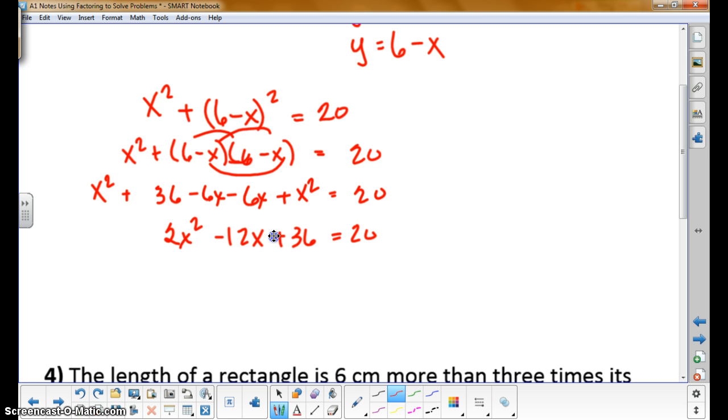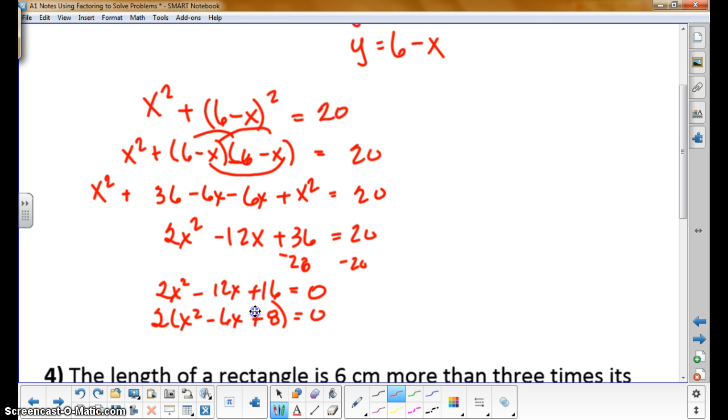And then as we know from our procedure, we subtract 20 from both sides. 2x squared minus 12x plus 16 is equal to 0. And now we know we need to factor. So GCF factoring first. 2x squared minus 6x plus 8 is equal to 0.